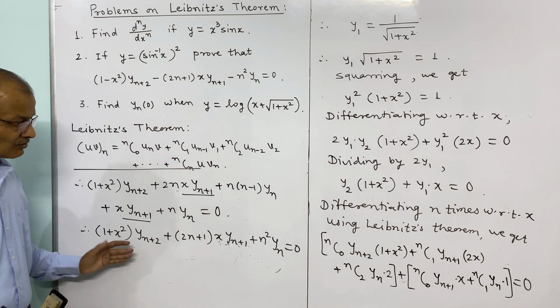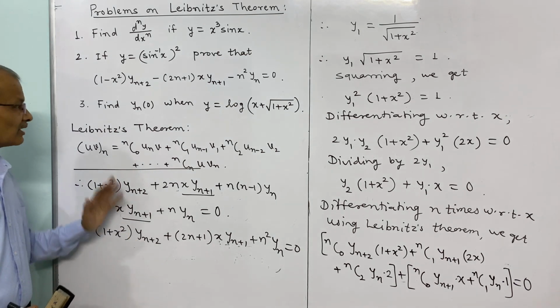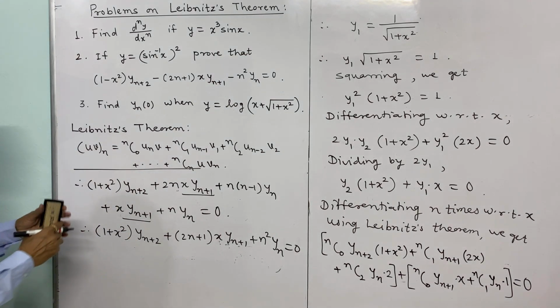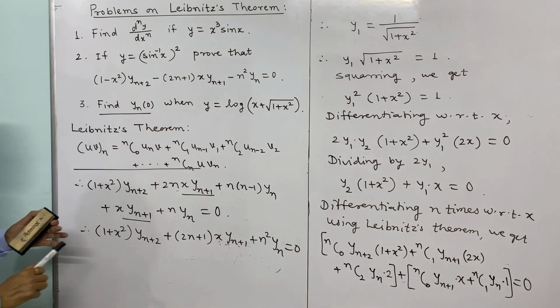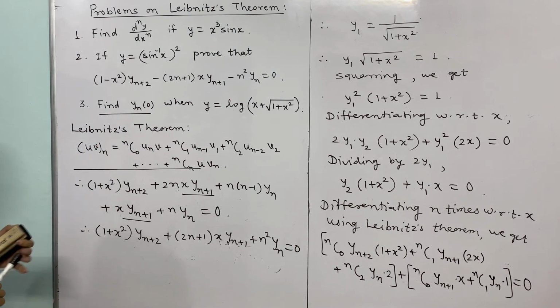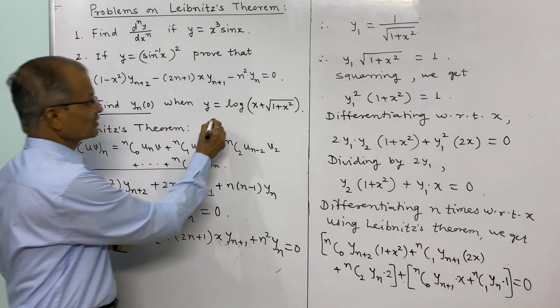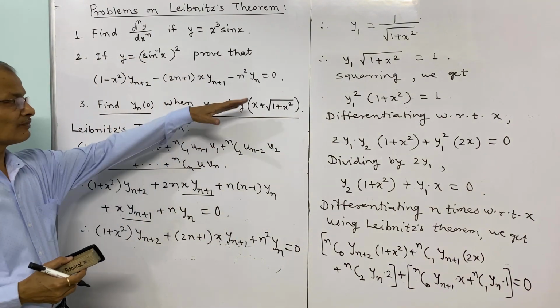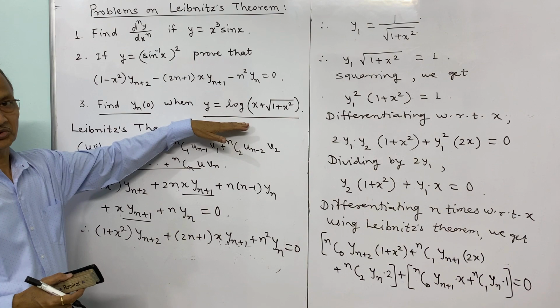And from this we shall now obtain the derivatives at 0 of yn. So this is what we have to obtain for this example, the nth derivative at 0. And for that purpose, first we shall obtain, so what is the function y? y is this function. So we shall obtain the values of the function and its derivatives at 0.